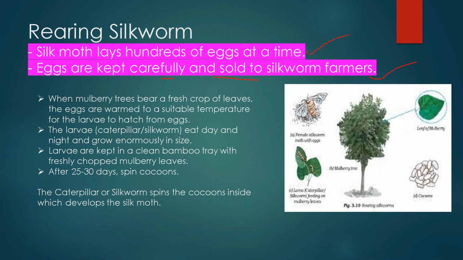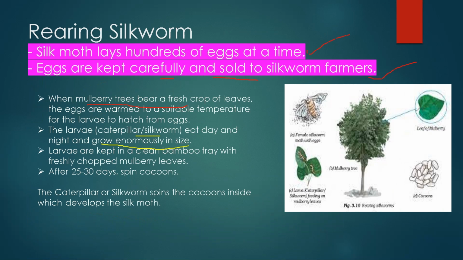Now what happens? When mulberry trees bear a fresh crop of leaves, these eggs are warmed to a suitable temperature for the larva to hatch from the eggs. At this temperature the larva comes out of the egg, and now this larva, that is the caterpillar or silkworm, eats these mulberry leaves day and night and grows enormously in size.